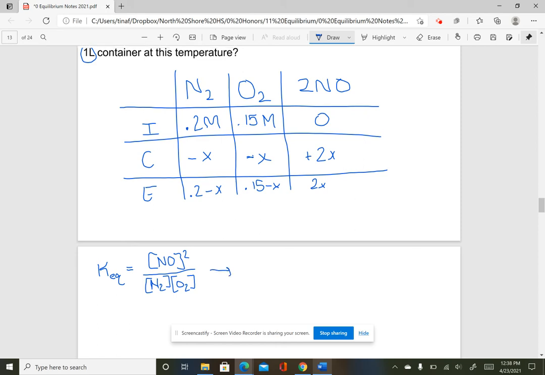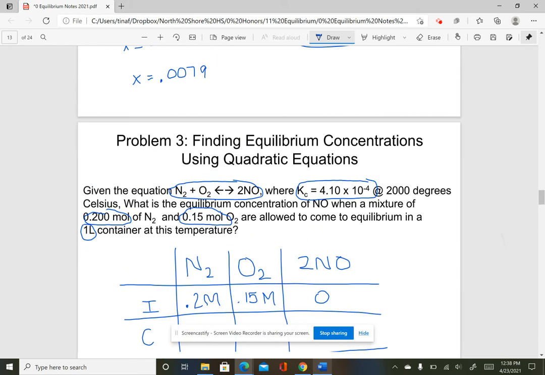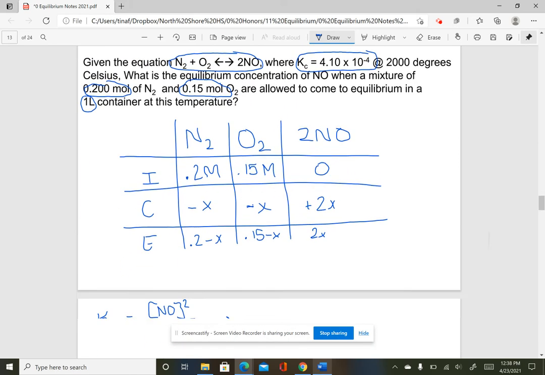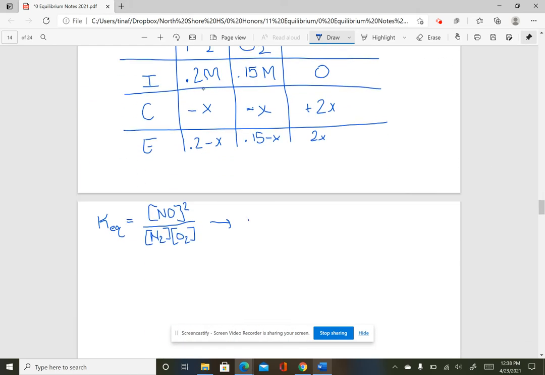I'm going to plug in what I know. They gave me the equilibrium constant to be 4.1 times 10 to the negative 4. And that's going to equal, I'm going to throw in the numbers that I just figured out.